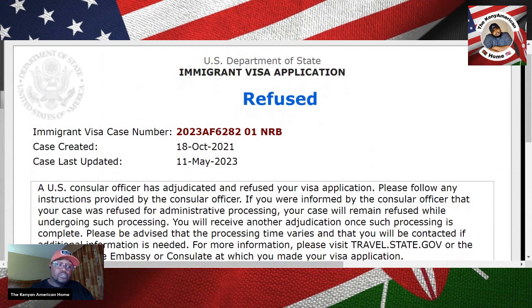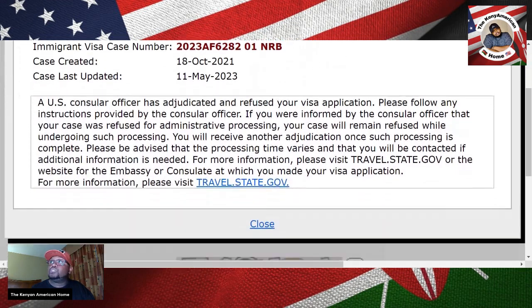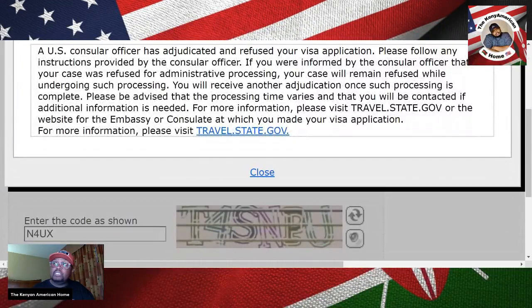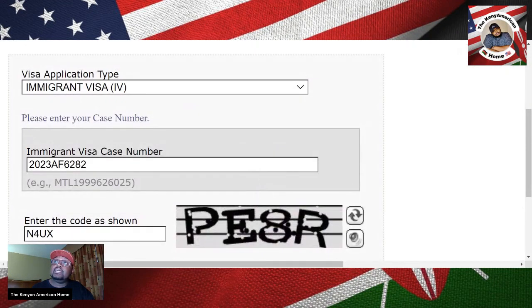All right, so this is a case in Nairobi, 6,282. It was refused, but this one, they were given a yellow sheet. This is called a 221G. 221G means that there is information still needed that you did not have when you went for your interview.